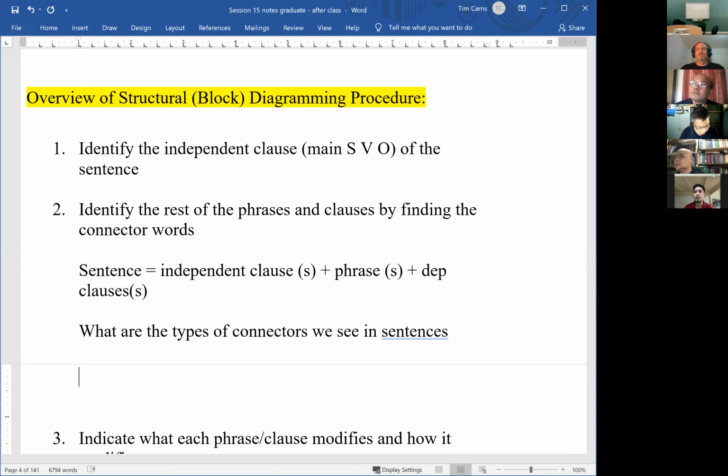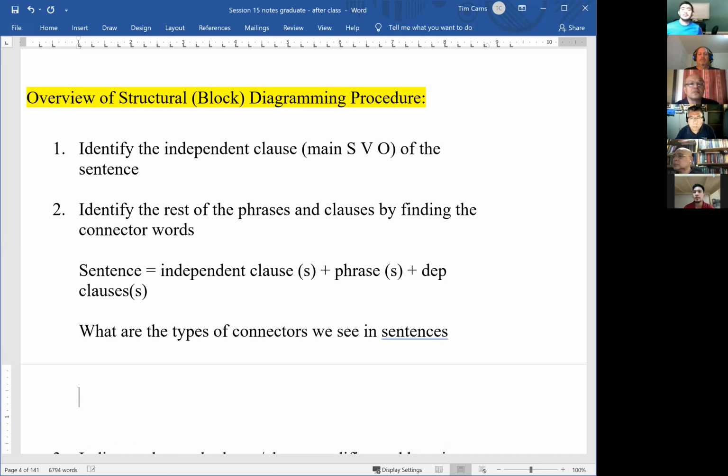Do you remember what that one was? There were... anybody else want to help out? Can you name a particular type of connector word category?